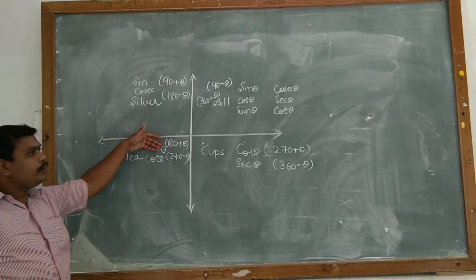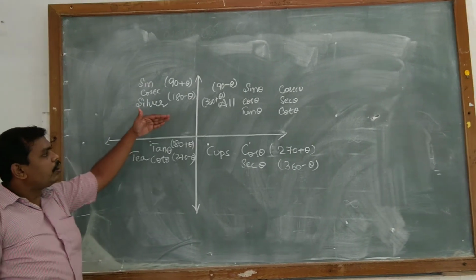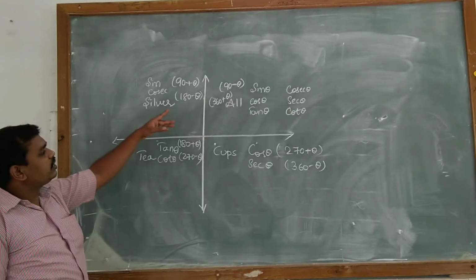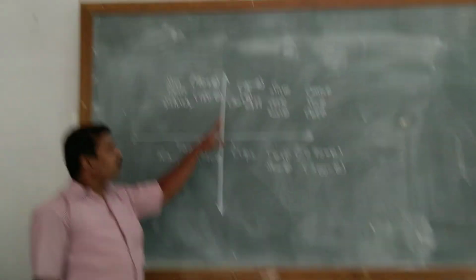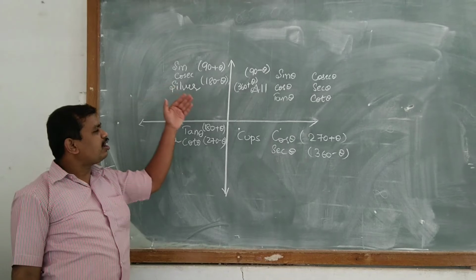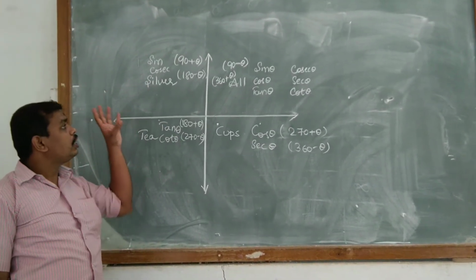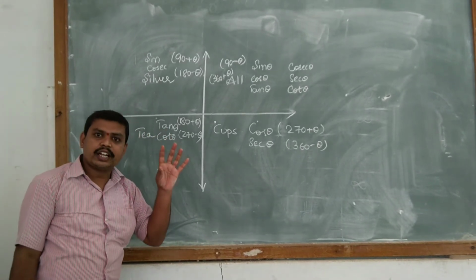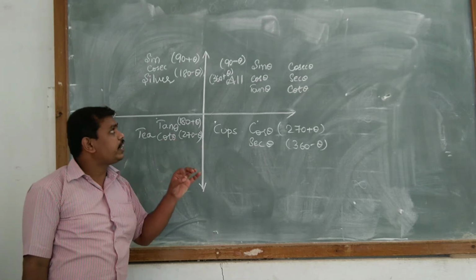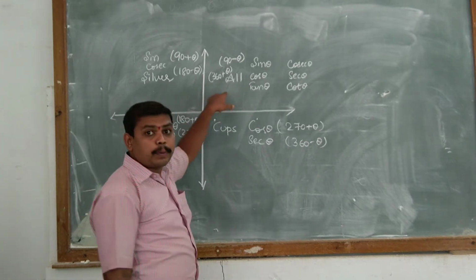It is like a form of representation: all, silver, tea and cups. What do we mean by "all"? All means all the 6 trigonometric ratios: sin theta, cos theta, tan theta, cosecant theta, secant theta and cot theta. All the 6 will be positive.